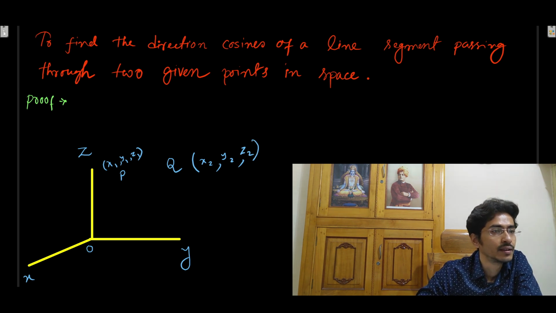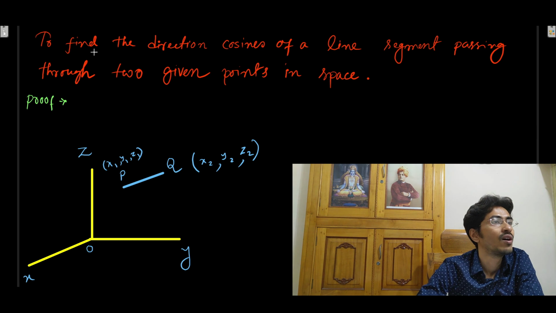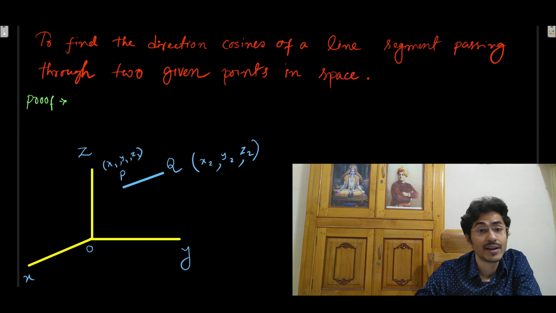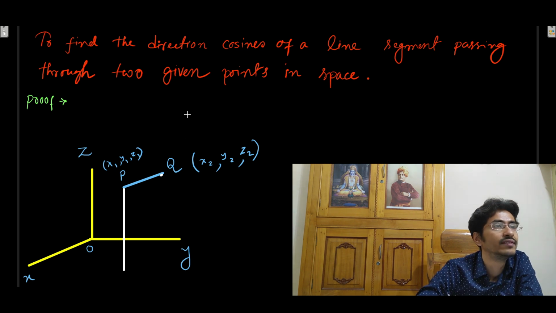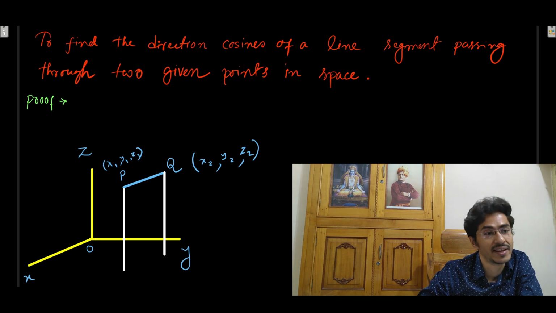So we join these 2 points P and Q. Now draw a perpendicular from this point P to the xy plane and from this point Q to this xy plane.